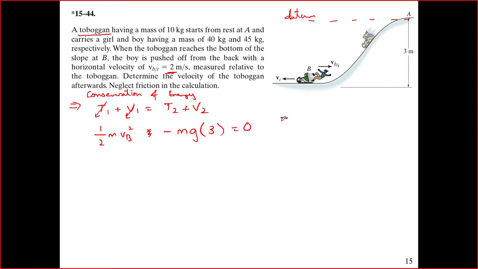So from this I can find, by the way, the mass cancels out, even though it was the combined mass of them, and I get that my velocity at B of the toboggan and the two kids is 7.67 meters per second.